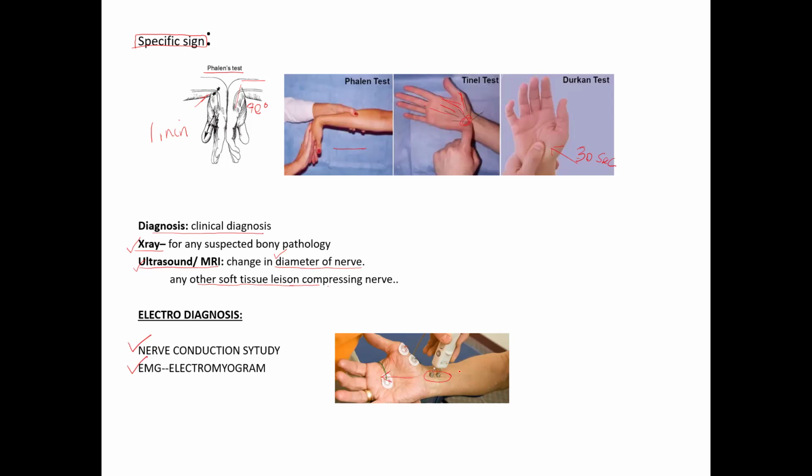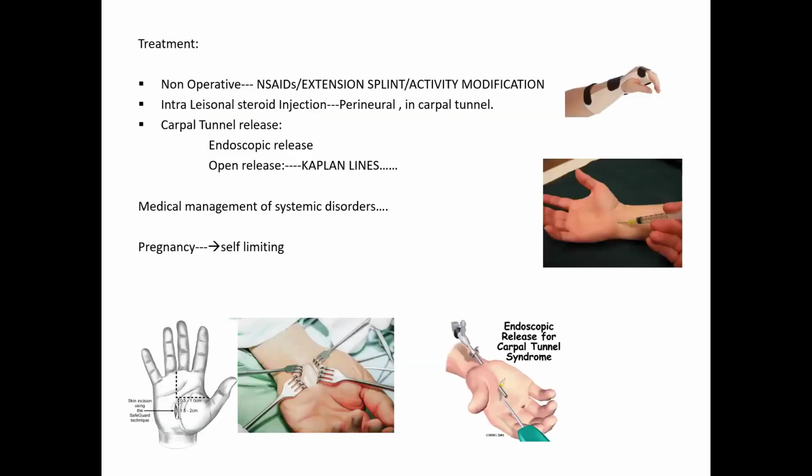So we stimulate here, we catch the signal here. If there is a compression here, the flow of signals will slow down, so the conduction velocity of the nerve decreases. Specifically in carpal tunnel syndrome, the conduction velocity of the median nerve decreases. This is how you diagnose carpal tunnel by doing a nerve conduction study.